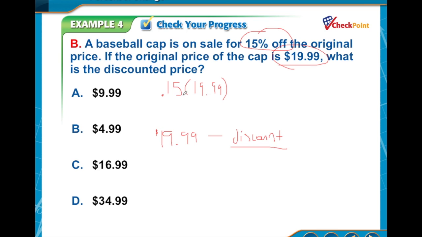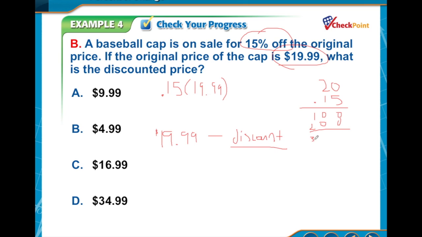So 0.15 times about $20. Let's think about what that would be. Well, if I imagine this is exactly 20, and we know it's not, it's a little bit under, but let's imagine this is 20 for the sake of multiplication. 20 times 0.15, what would that give us? 5 times 0 is 0, 2 times 5 is 10, 1 times 0 is 0, and 1 times 2 is 2.